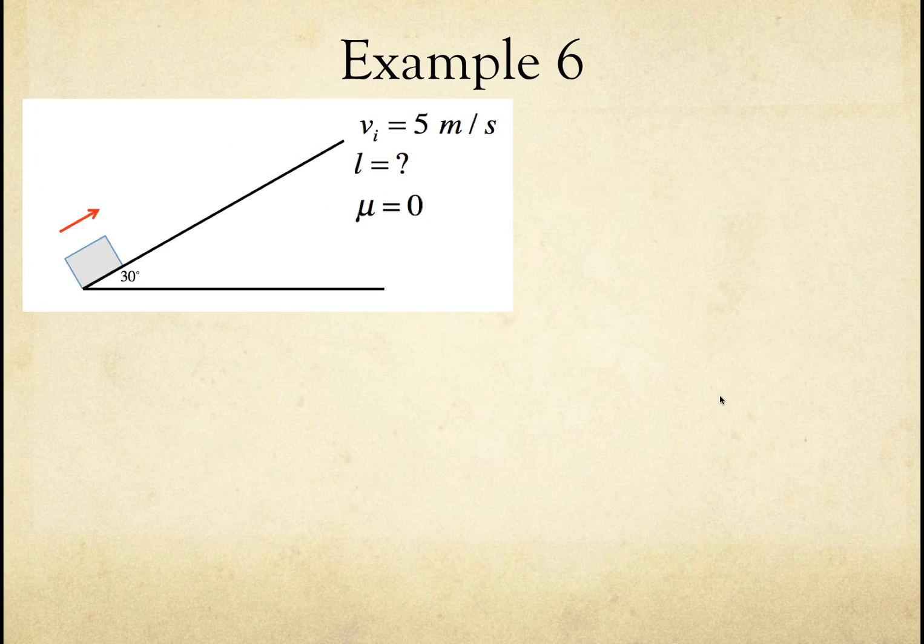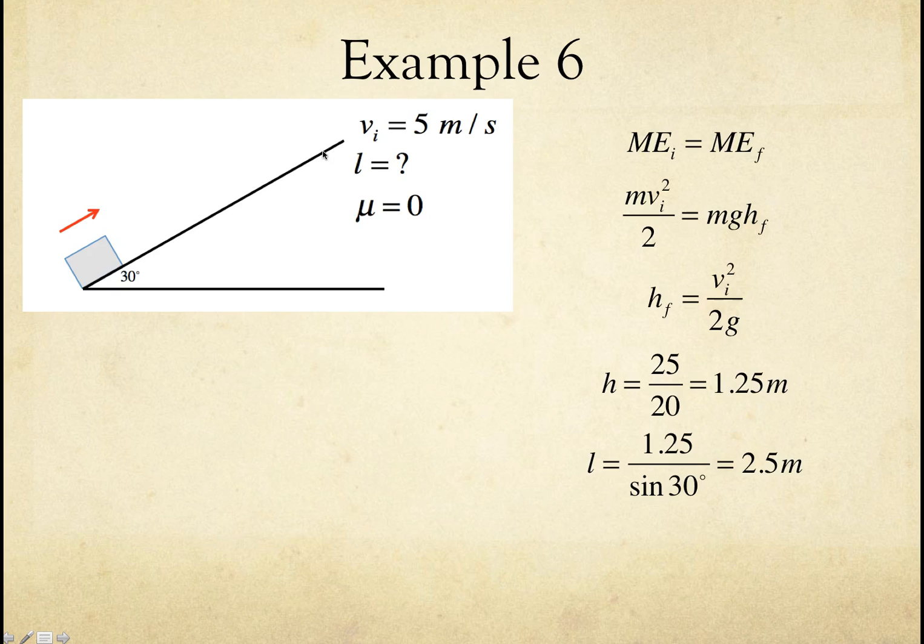The next example is going to work in reverse. Let's say I want to know how high up the incline my block will slide if I give it an initial push of 5 meters per second as the initial velocity, and the plank again is frictionless, so I know that energy will be conserved. So I say mechanical energy initial equals mechanical energy final. It starts with just kinetic, ends with just potential.